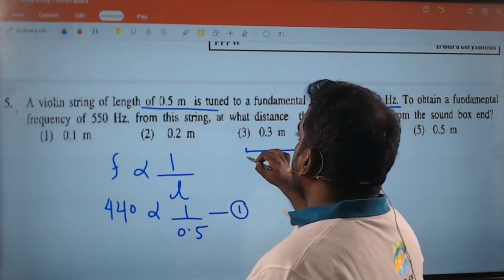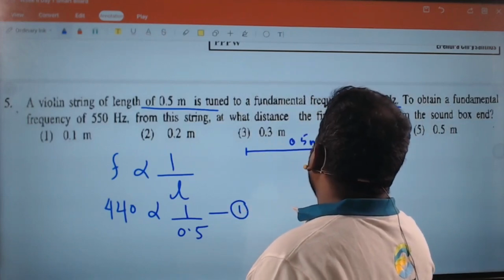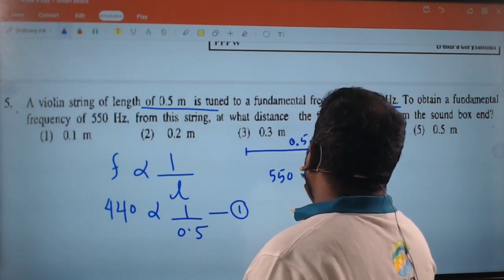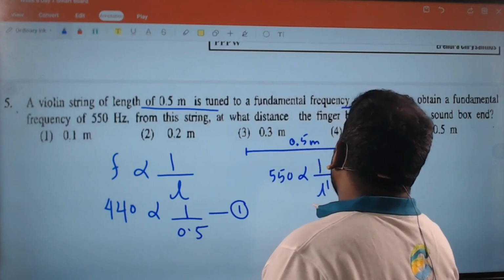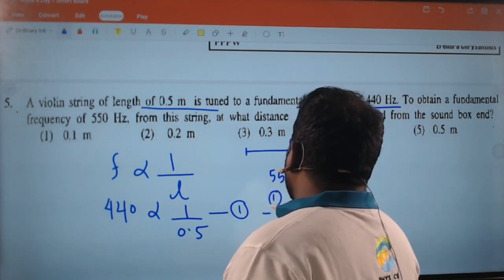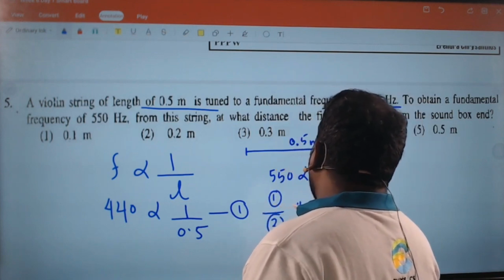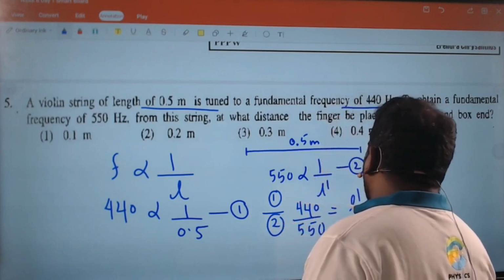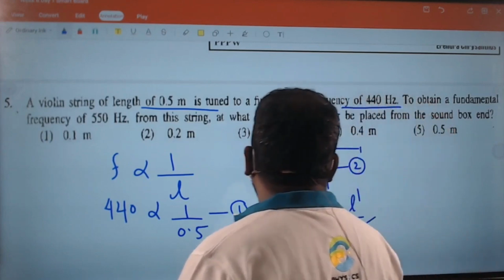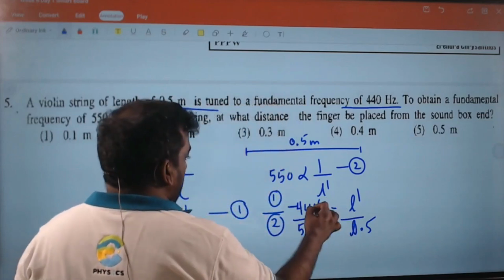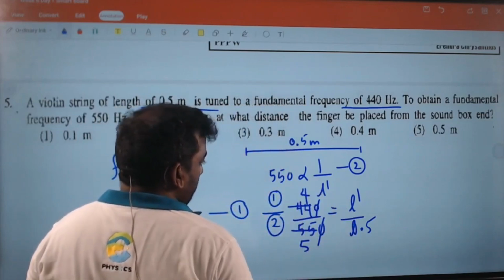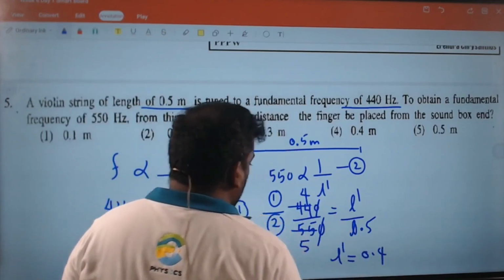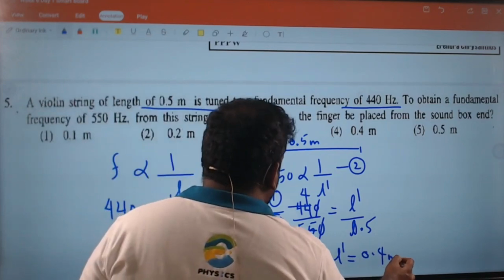Here the length is equal to 0.5 meters. Now 550, new length is L dash, equation number 2. First equation divided by second equation, 440 divided by 550, L dash divided by 0.5. So here 11 times 4, 11 times 5. L dash equals 0.4.